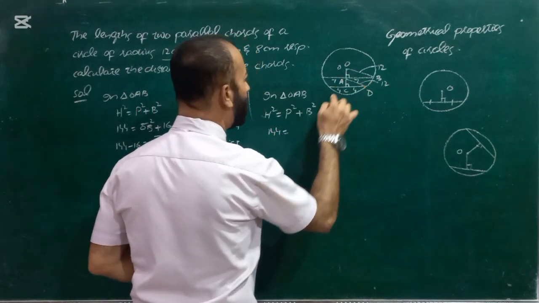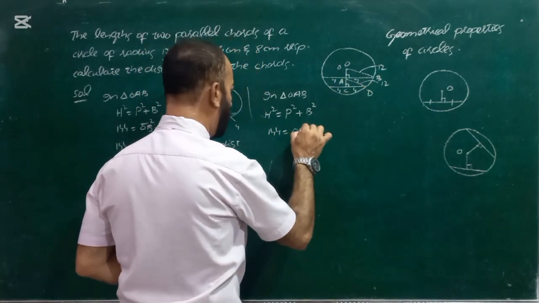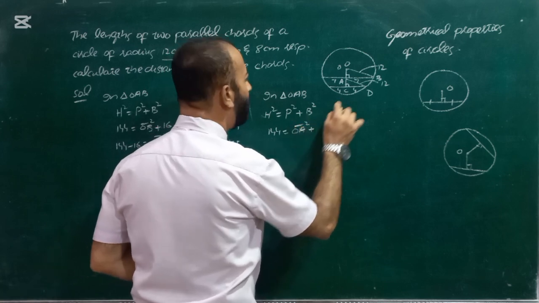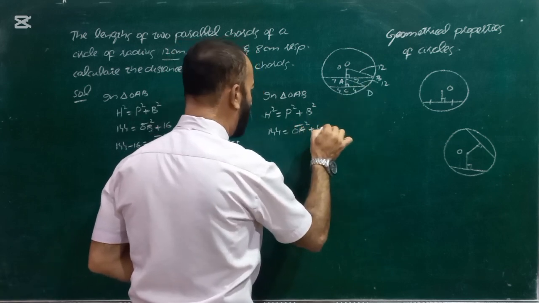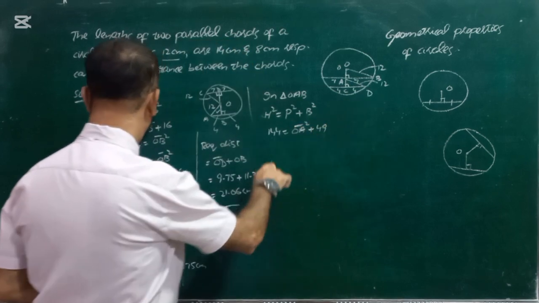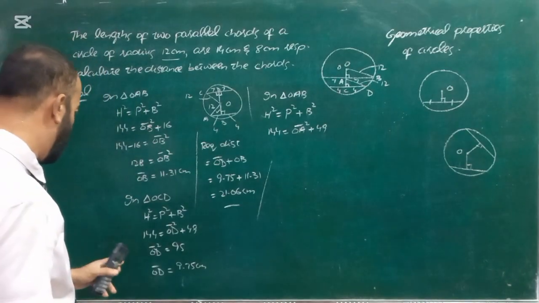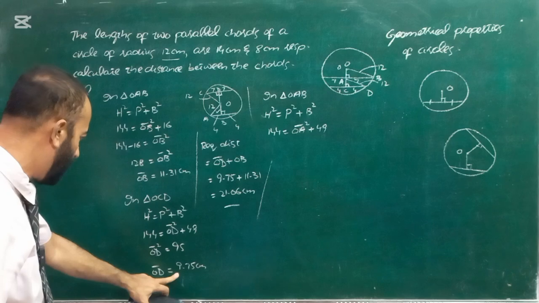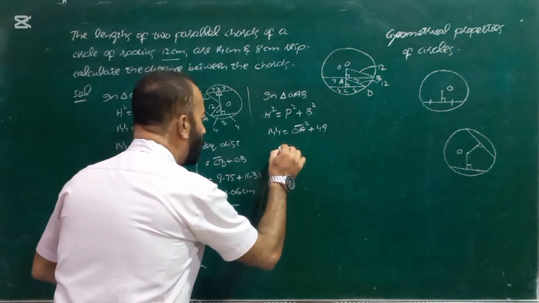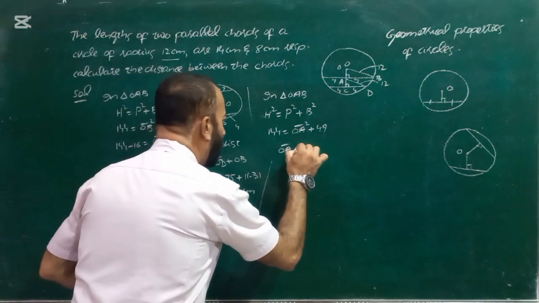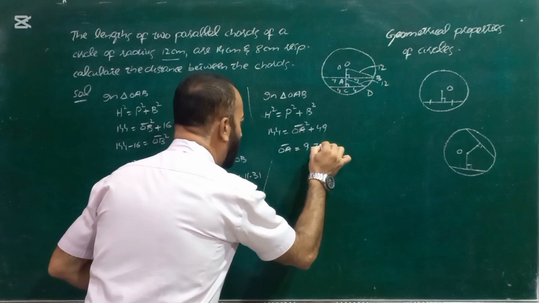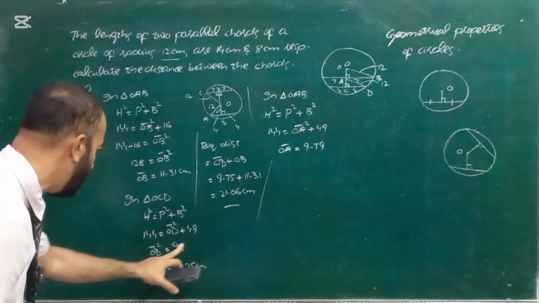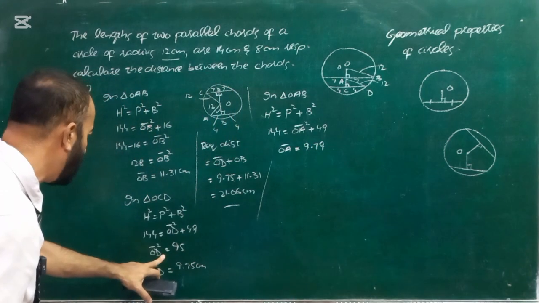Perpendicular is missing, that is OA square, plus base is given, that is 7, so 49. So 49 will be subtracted from 144. So will give us the length, this one 9.75. So OA will be 9.79. So look now, this will be the same case, but at the end there will be a difference.